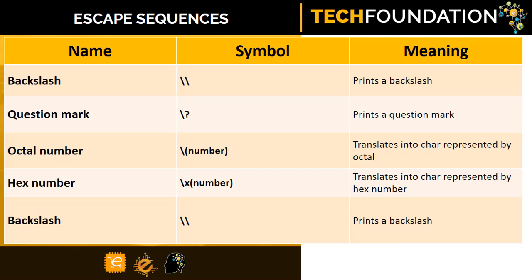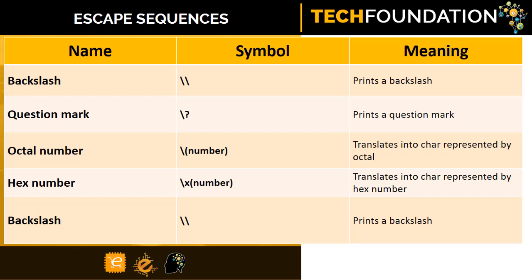Then there is a way to represent an octal number, a base 8 number, by a backslash followed by the number you want to represent, in base 8 format. Equivalently, you can do the same for base 16: you start with a backslash and x followed by the number in base 16.